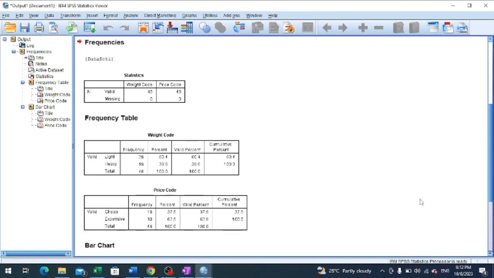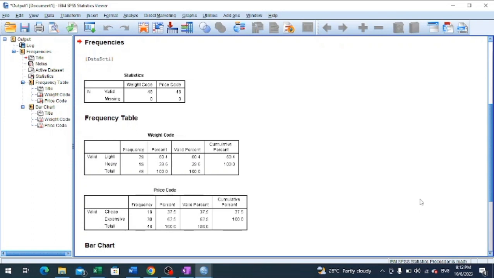So over here, we get an idea about the distribution of qualitative categories that we have defined for the two variables. Weight code had two categories, light and heavy, and their percentage distribution is 60.4% of the diamonds are lightweight diamonds, whereas 39.6% are heavyweight.